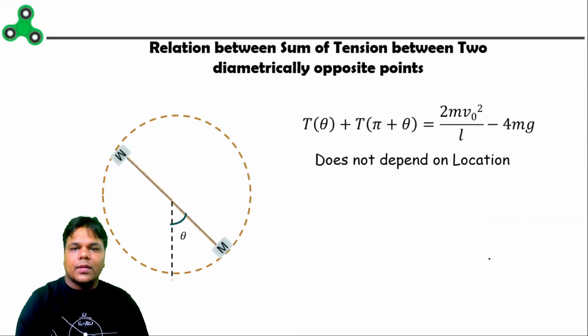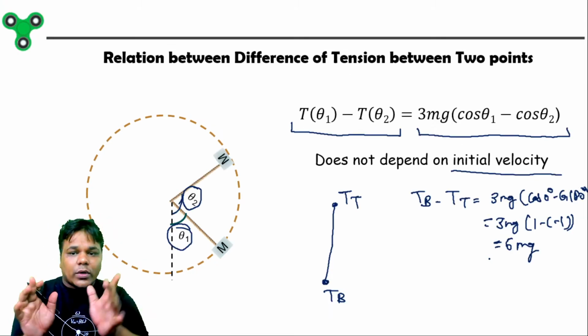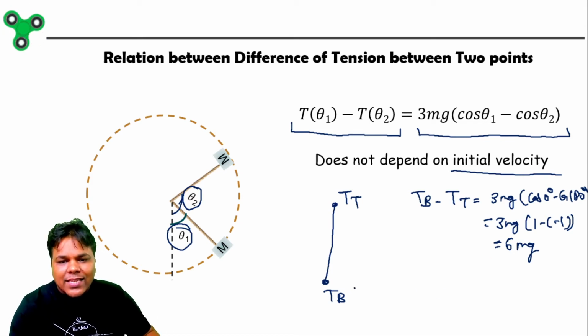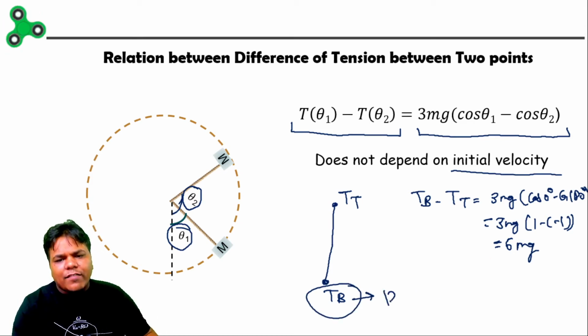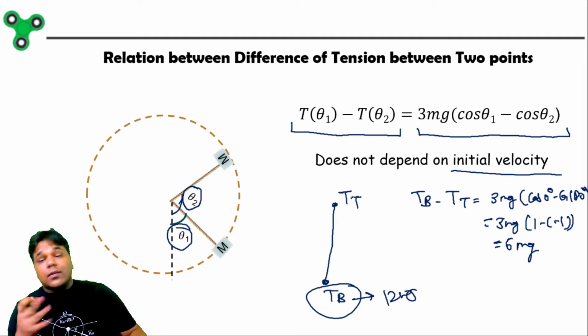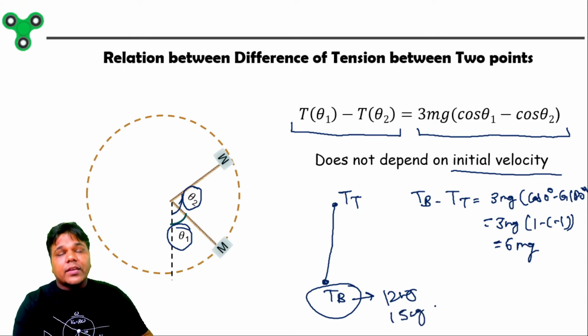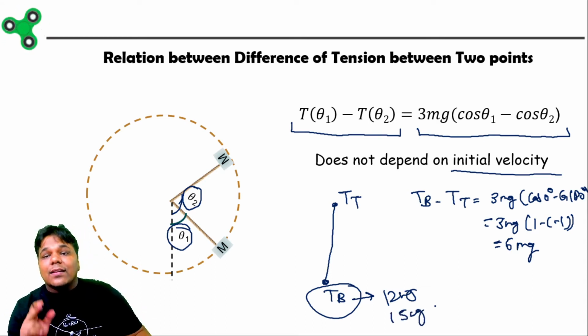One more thing. As you can see from this formula, suppose tension given at this point is 12 mg. Then you can say directly the tension at top is 6 mg. If the tension at the bottommost point is 15 mg, the tension at the topmost point is 9 mg.